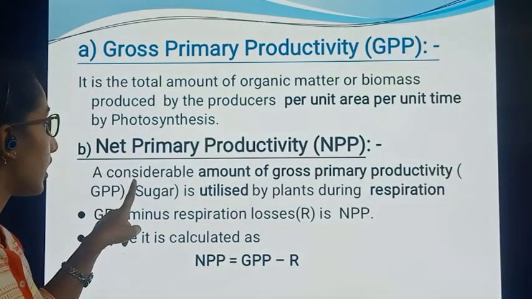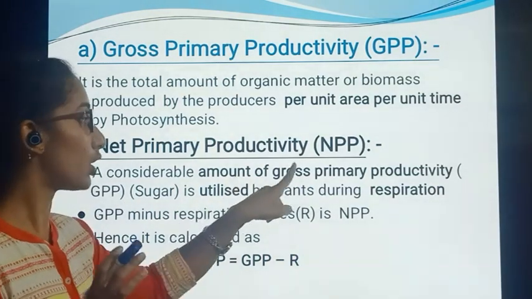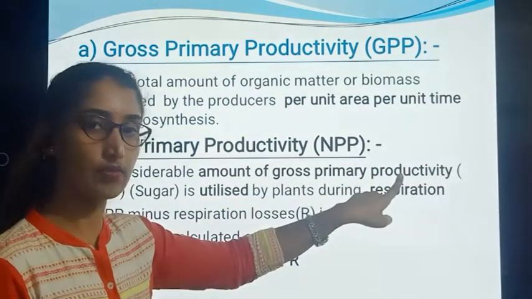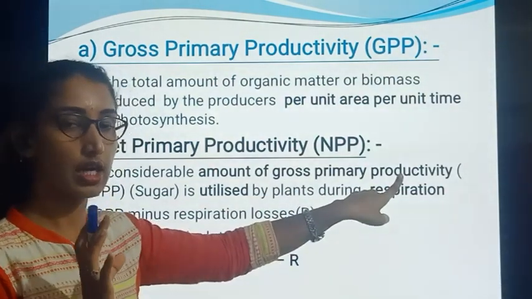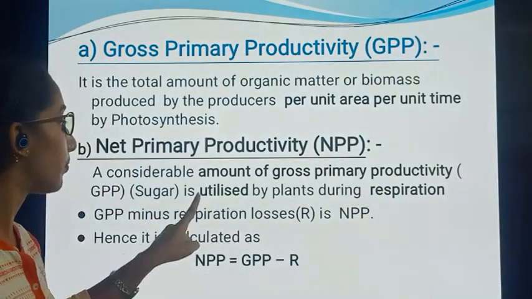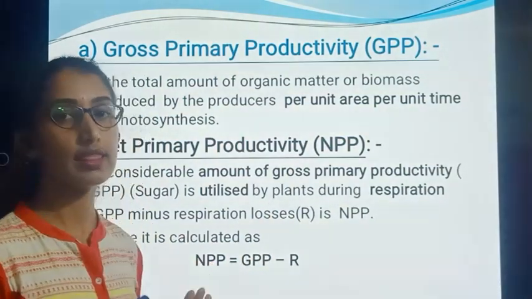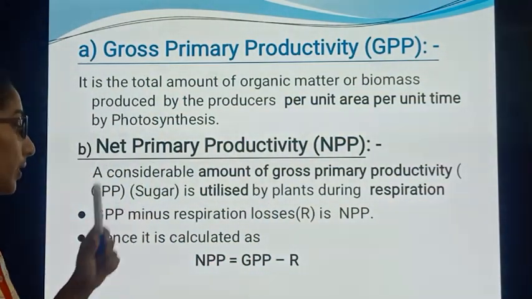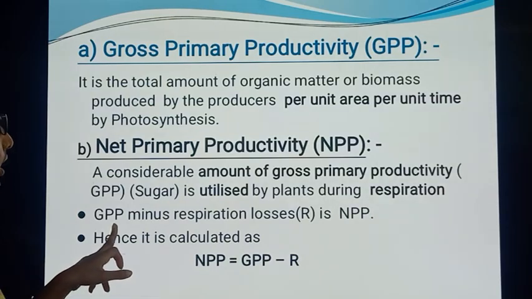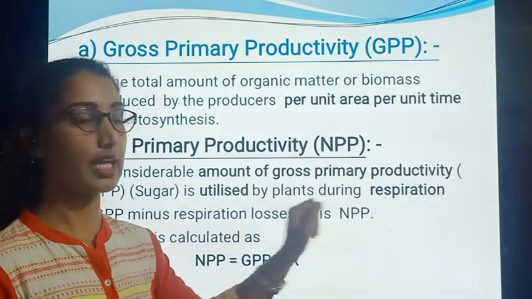I am repeating, a considerable amount of gross primary productivity, gross is nothing but total, is utilized by the plant during respiration. GPP minus respiration losses is called NPP.